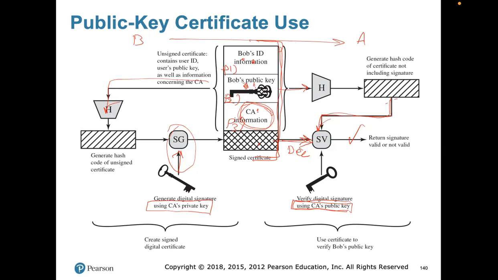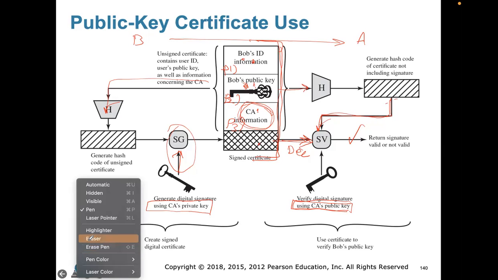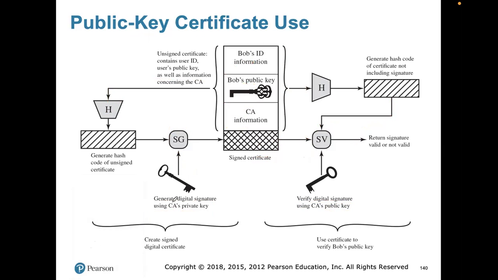If Alice wants to share her public key with Bob, Alice generates these two portions: Alice's ID plus Alice's public key, and sends them to the CA. The CA adds its own information, generates the hash, encrypts it using the CA's private key, and sends the whole package to Bob.